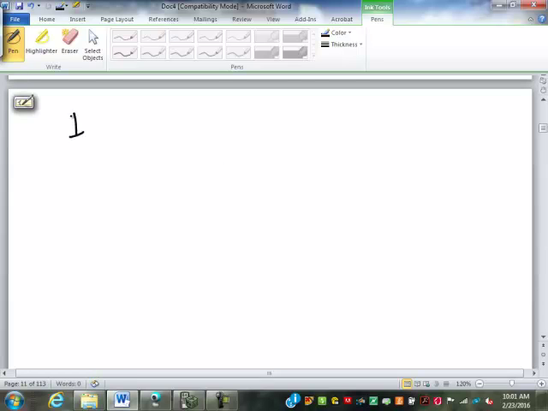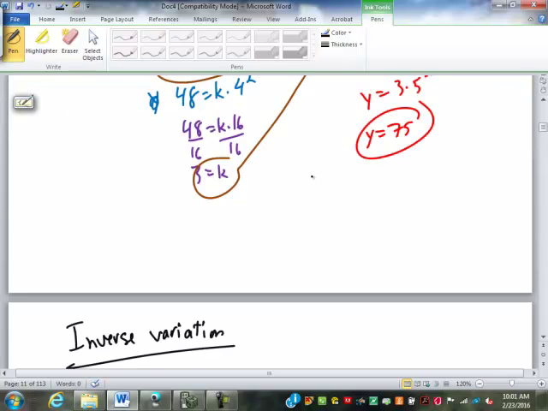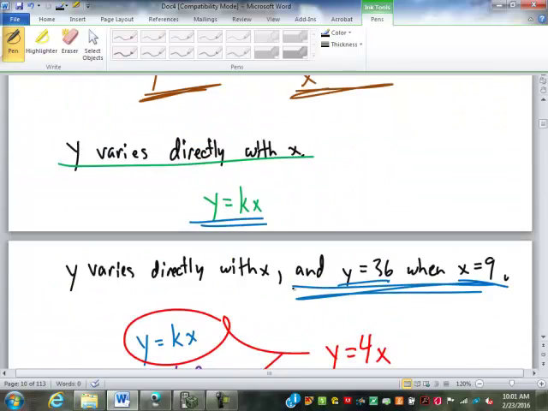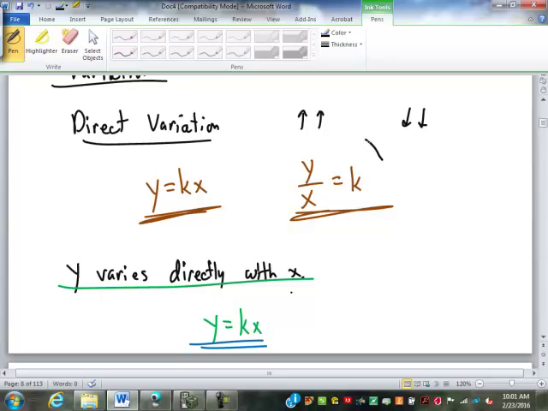Let's talk about something called inverse variation. And actually, before I talk about inverse variation, I want to go back up here for just a second. You'll note, when we talked about this, there was this form here, y over x equals k.